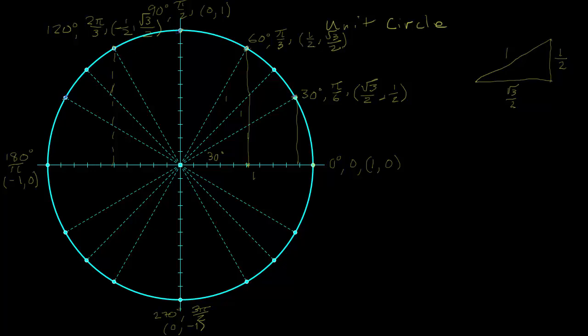And then back over here, this is 30 degrees right here, 30 degrees less than 180, so this is 150 degrees. And in radians, this is pi over 6 less than pi. If you think of pi as 6 pi over 6, this is one less than that. That would be 5 pi over 6.